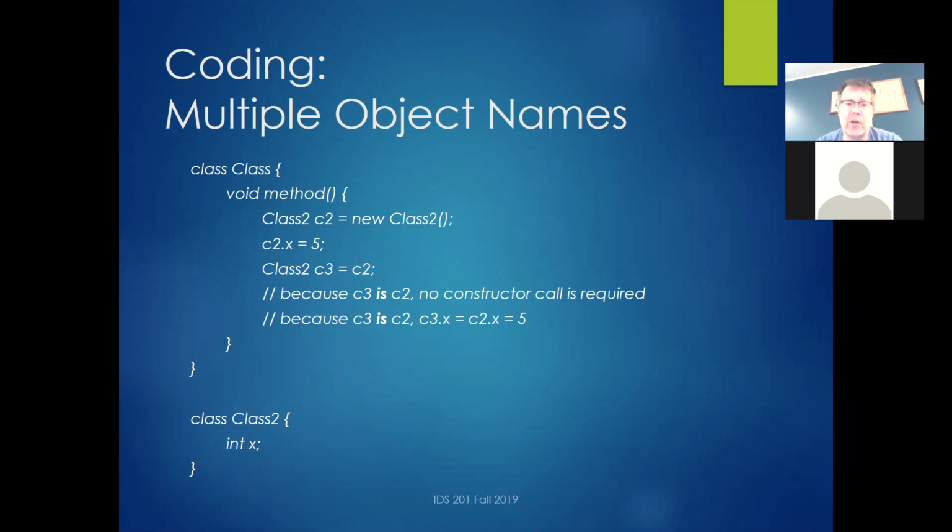You'll also notice when we created C2, we called a constructor method to make a new thing, right? We said new class 2. But for class 2 C3, we did not, because we're not creating a new thing. We're just borrowing an existing reference. So the last line of the comments there, because C3 is C2, C3.x will automatically be 5 because C2's x attribute is 5, and C3 is C2.